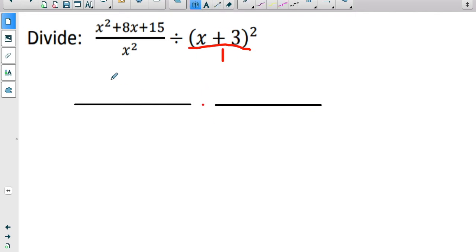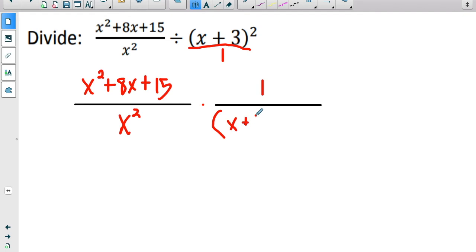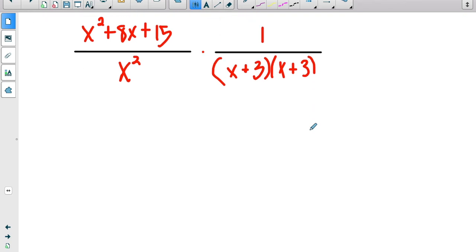To do that, we keep the first one the same: x squared plus 8x plus 15 over x squared, times 1 over x plus 3, times x plus 3. I went on and just wrote that out.